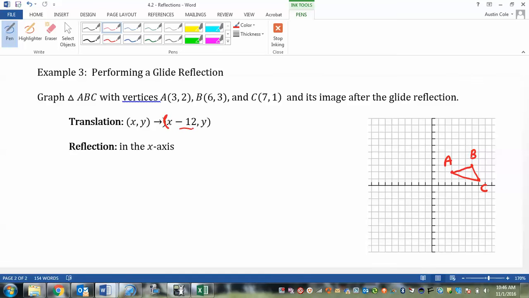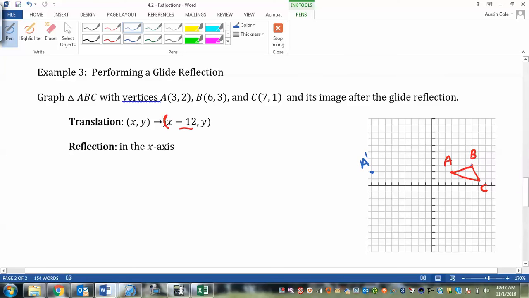What are we doing to our y? Yeah, we're going to keep it the same. It's not going to go anywhere up or down. All we're doing is going straight 12 left. Okay, so we're going to take 12 left here. So 1, 2, 3, 4, 5, 6, 7, 8, 9, 10, 11, 12. So this would be A prime.